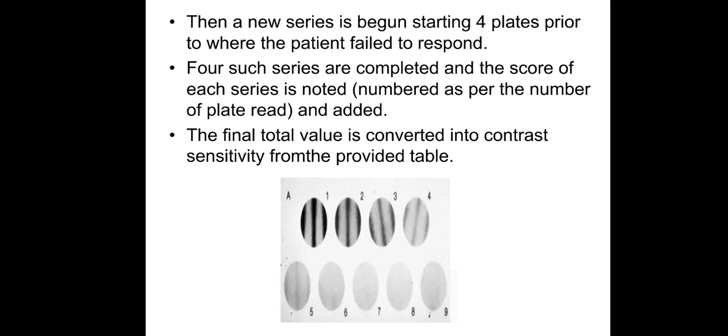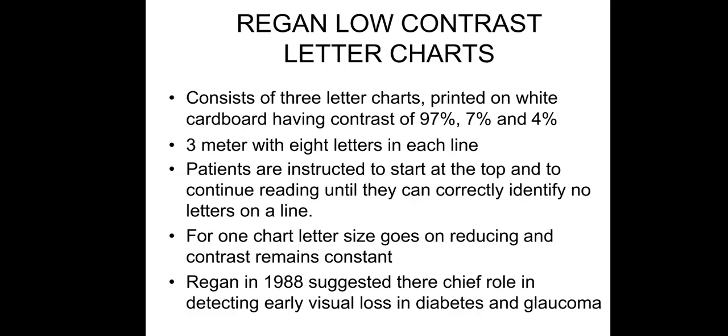If the patient says only the upper one is visible, that means the patient's vision is not good enough due to some disease. Four such series are completed, and the score of each series is noted and added. The final total value is converted into a contrast sensitivity from the provided table.